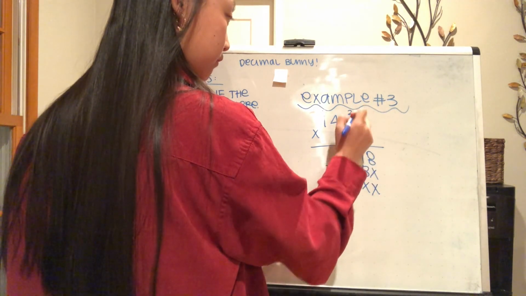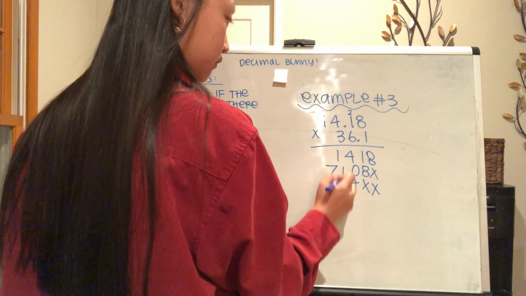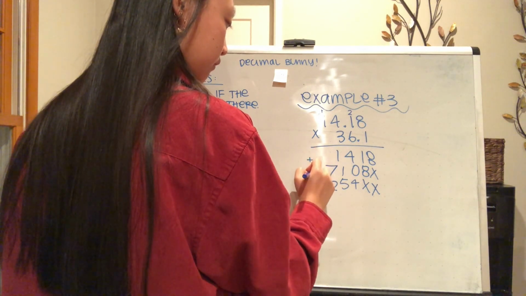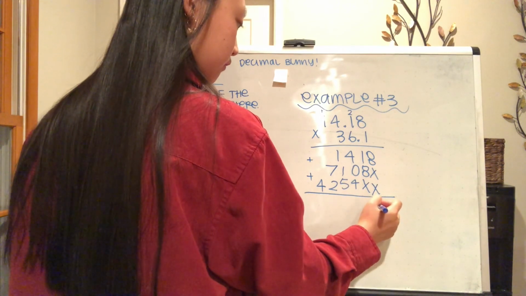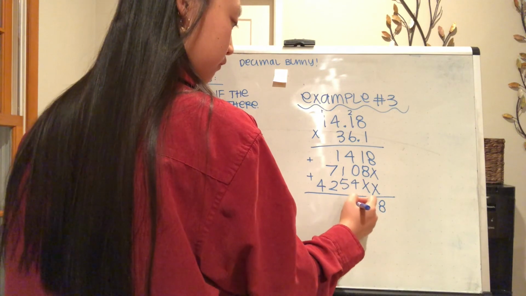And then 3 times 8 is 24, write the 4, carry the 2. 3 times 1 is 3, plus 2 is 5. And then 12, carry the 1. And then 3 times 1 is 3 plus 1, so it's 4. And then you're going to add everything down.